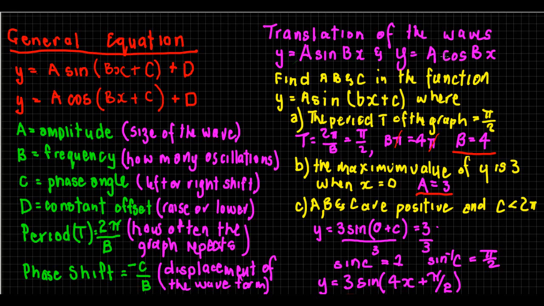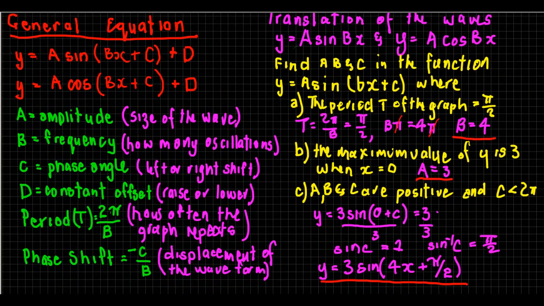Now we can see that there's a 3 on both sides, so if we divide both sides by 3, we get sine c equals 1. Now we know that the sine of 90 degrees or pi by 2 is equal to 1, so we can write that in mathematical terms, sine to the negative 1 of 1 equals pi by 2. So that tells us straight away that c is equal to pi by 2.